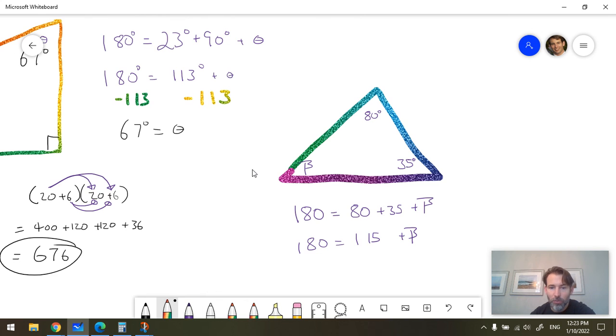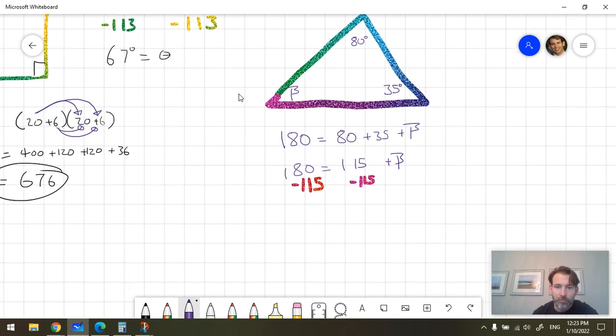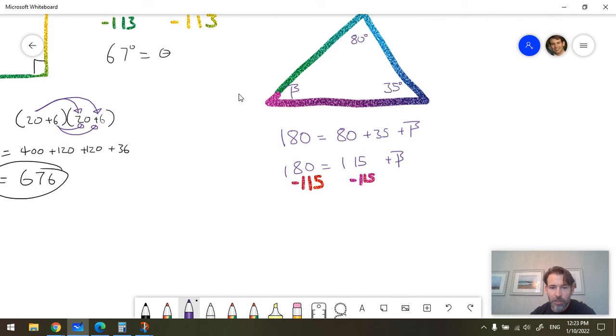And now we're going to subtract 115 from both sides. Okay, 180 minus 115, 65, okay, equals beta. So now we've solved for that angle, 65 degrees.